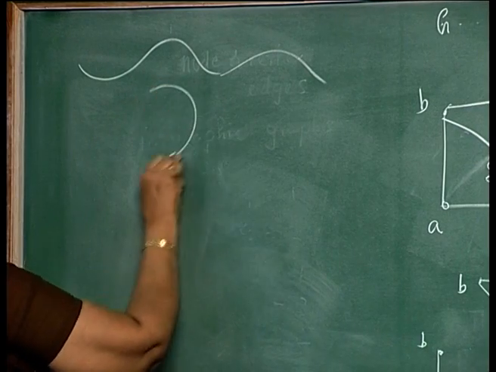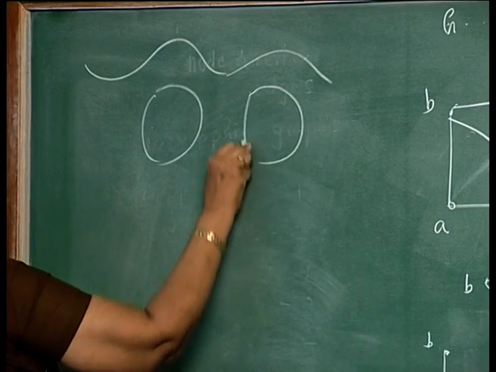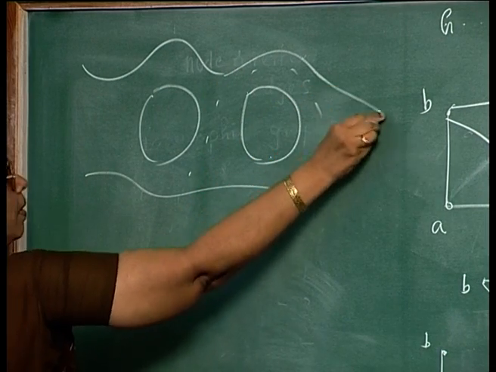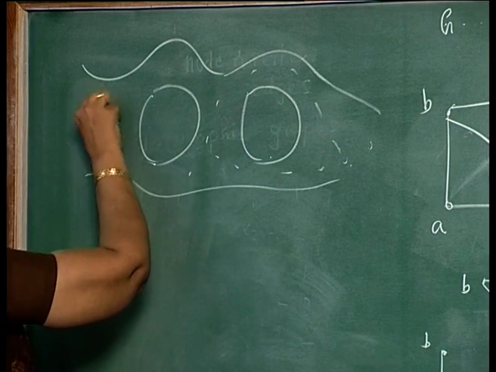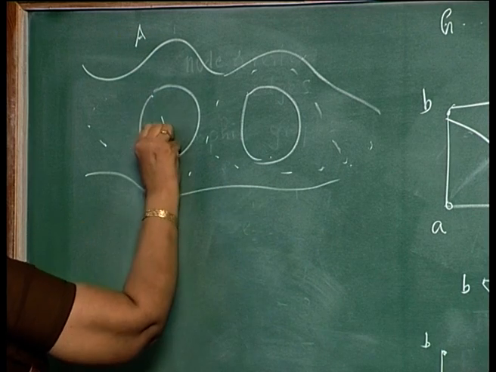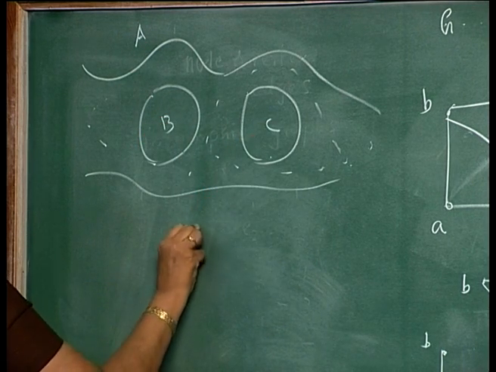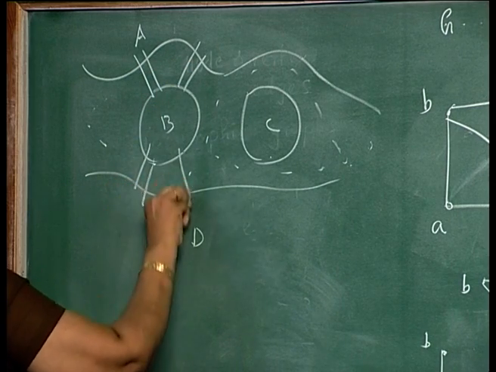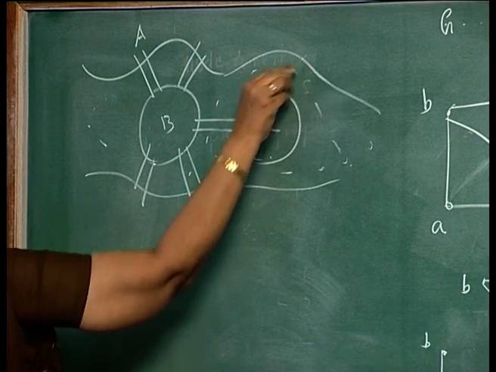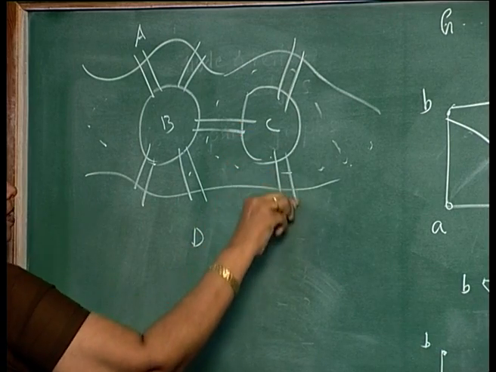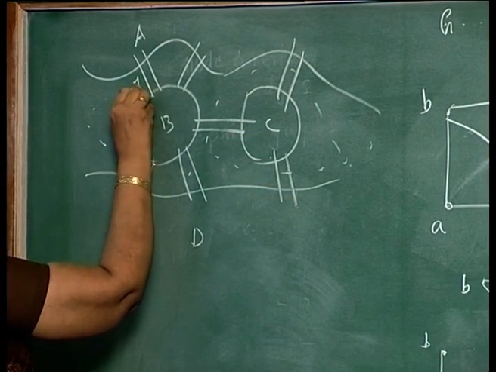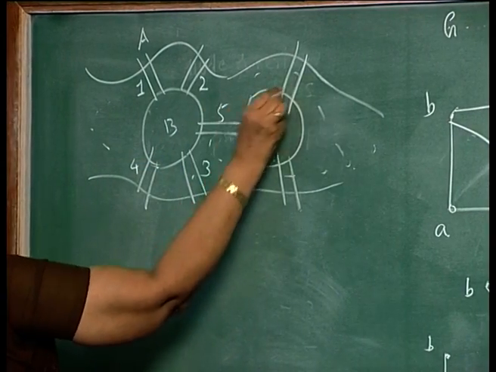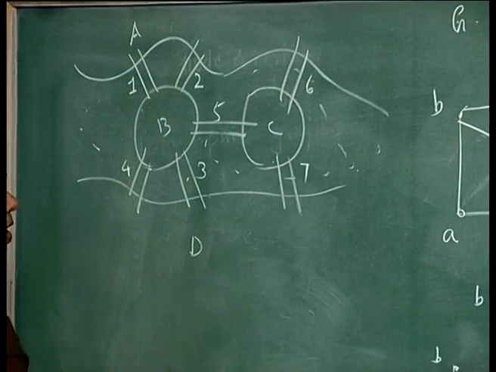This was the river and there are 2 islands and 2 banks. There were 7 bridges like this. You can number the bridges if you want, 1, 2, 3, 4, 5, 6, 7.